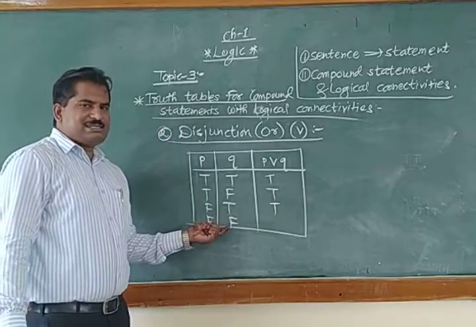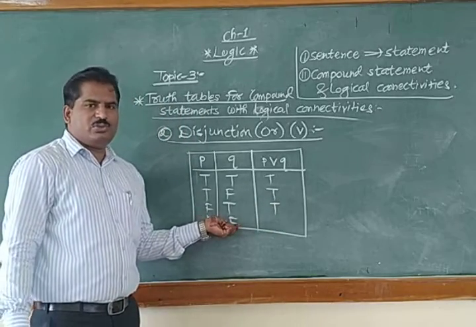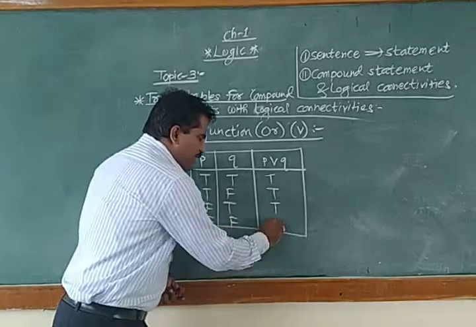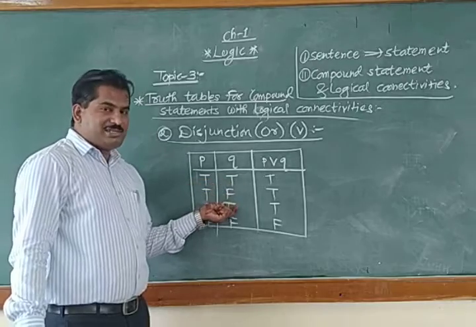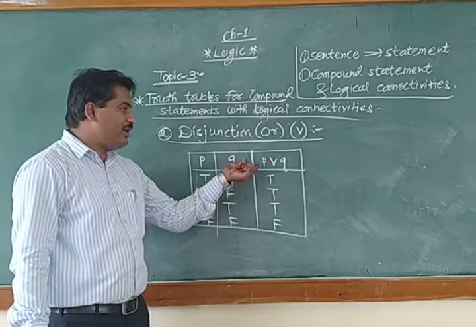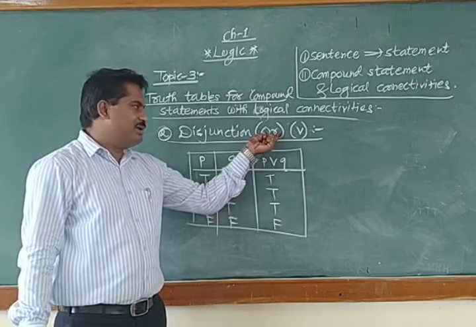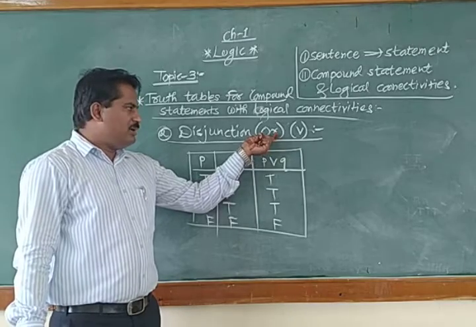But in the last case, both are false, therefore it is false. The criterion is that one of them is true.